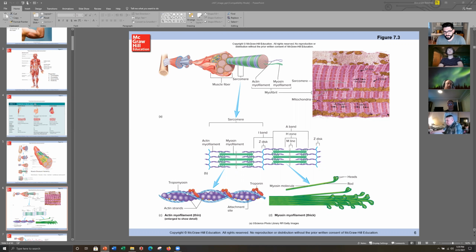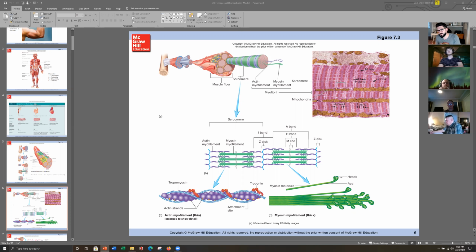So then we have this tropomyosin fibrous protein, and then we have a troponin sequence of proteins as well. These troponin molecules help make sure that the tropomyosin stays covering our active sites. With the inclusion of calcium into this matrix, we change the shape of the troponin, which in turn removes the tropomyosin away from the active sites.